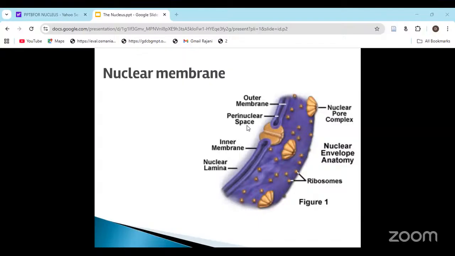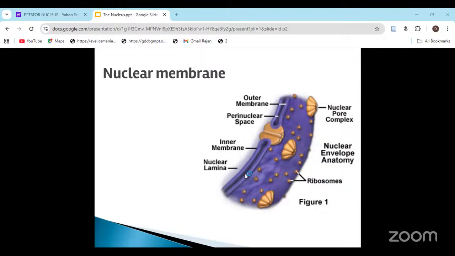The main function of the nucleus is genetic information, which is also most important, carrying the hereditary information. This is the total structure of the nucleus.